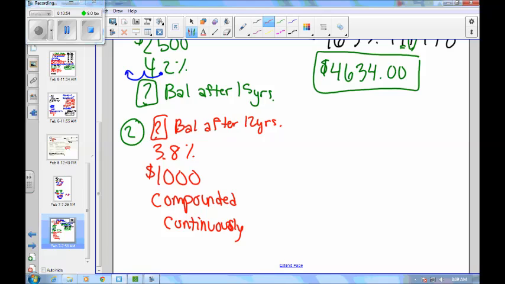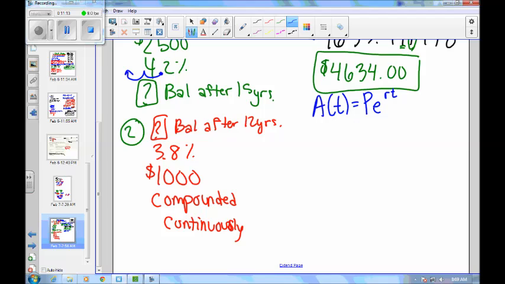PERT. E is a number, it's a good observation. So plug and chug. The formulas, guys, will be on the test. They're very nice there. You just have to know how to plug into them.